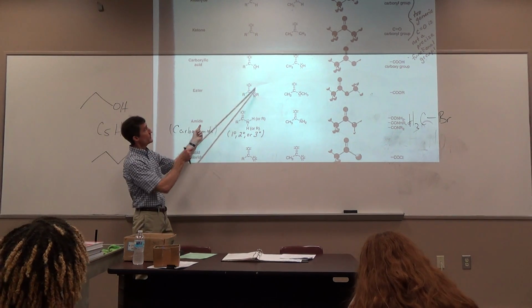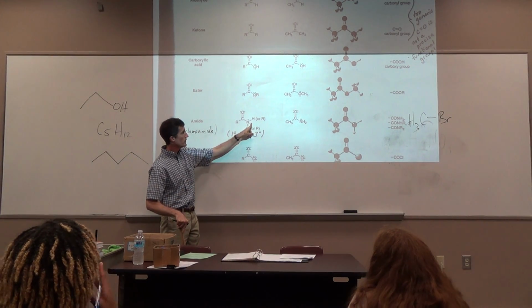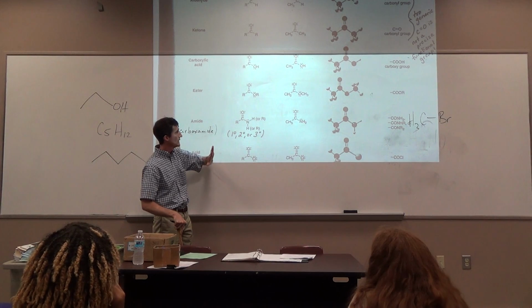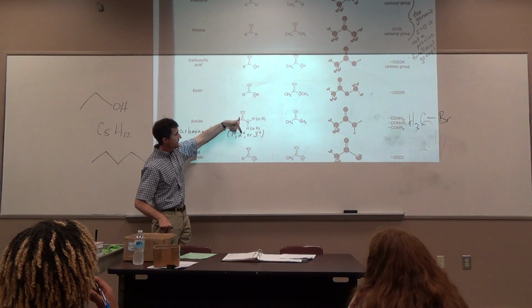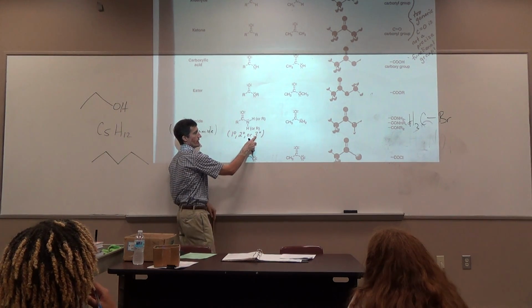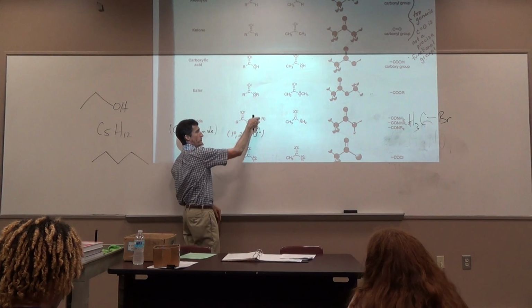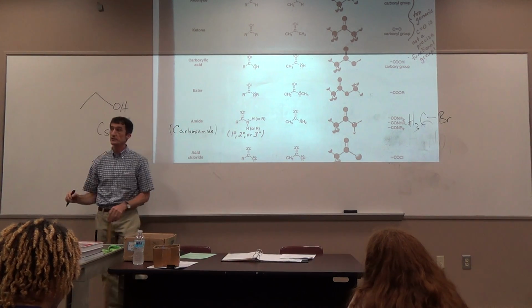See, with the oxygen, you put R groups, it changes the name. Not with the amide. That right there is a primary because the nitrogen is bonded to one carbon. Here it's bonded to two, so that means this one plus one R group. Here are three, that means this one plus two R groups. Basically, this indicates the number of carbons the nitrogen is bonded to.